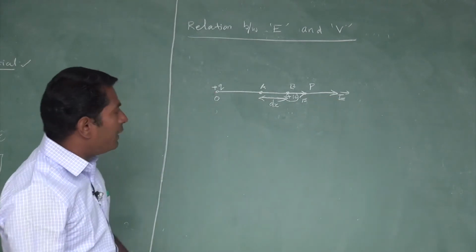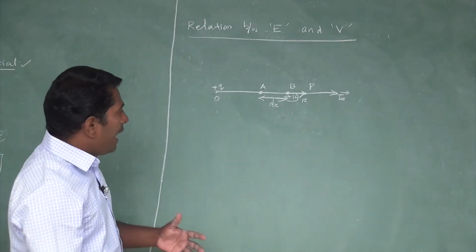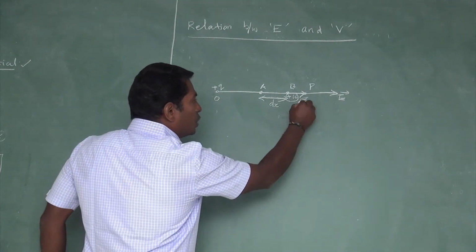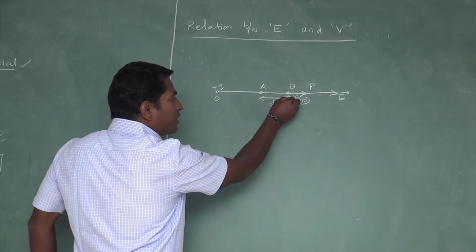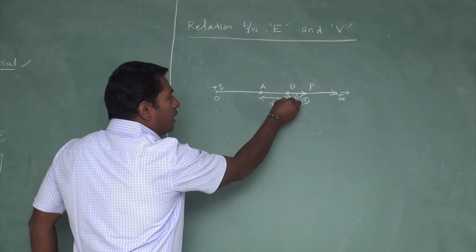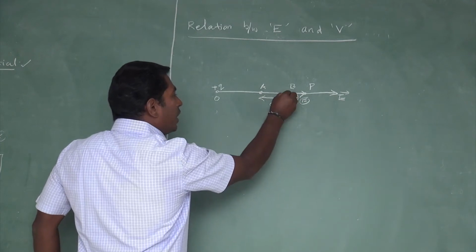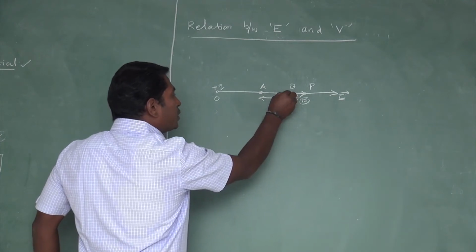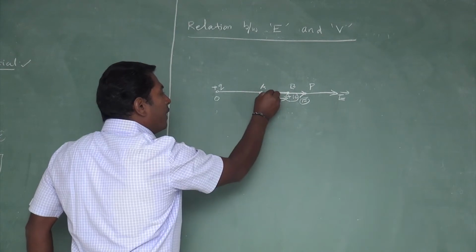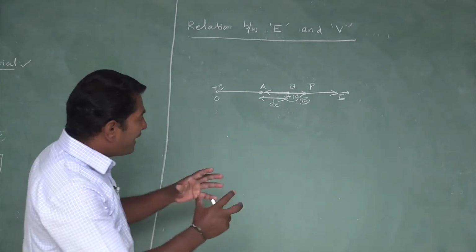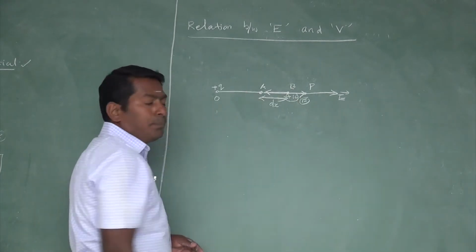But we apply an external force, equal in magnitude to the electrostatic force, to move the unit positive charge from B point to A point against the electrostatic repulsive force. Work has to be done on the unit positive charge.